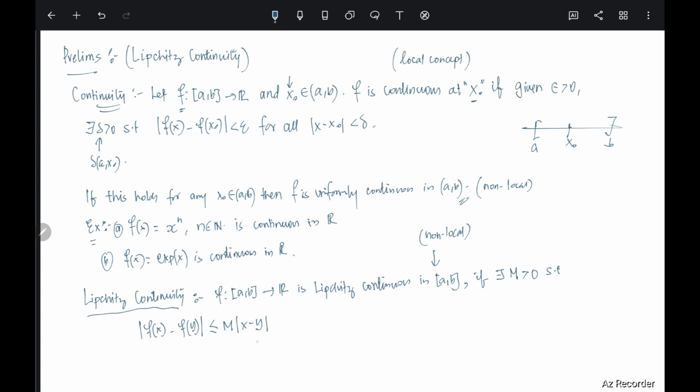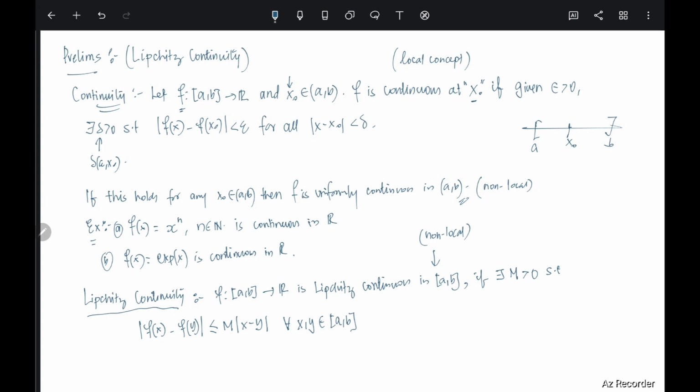So we are controlling the growth of f based on the growth of x, right? That's what you are saying here. And this m is independent of the points. This should hold for all x, y in AB. It doesn't really matter what x, y you are choosing. So that is Lipschitz continuity.